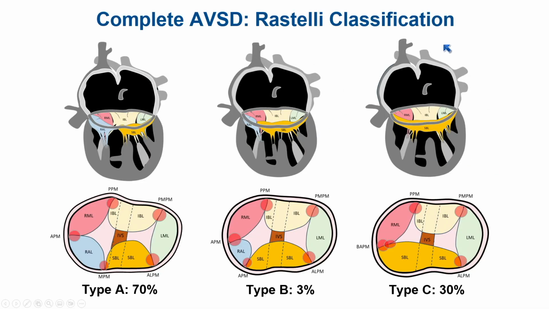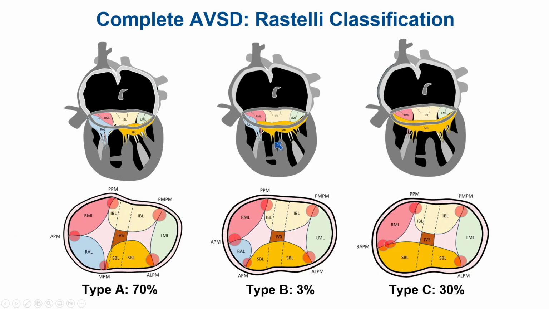We often talk also about the Rastelli classification, which frankly in the fetus I don't really care about. But for the sake of completeness, the most common form is the Rastelli type A, where you have attachment of the superior bridging leaflet to the crest of the interventricular septum. It's also one that explains why shunting at ventricle level can actually be less in this patient group, and the Rastelli type A potentially can even close inlet VSDs before birth if they are smaller.